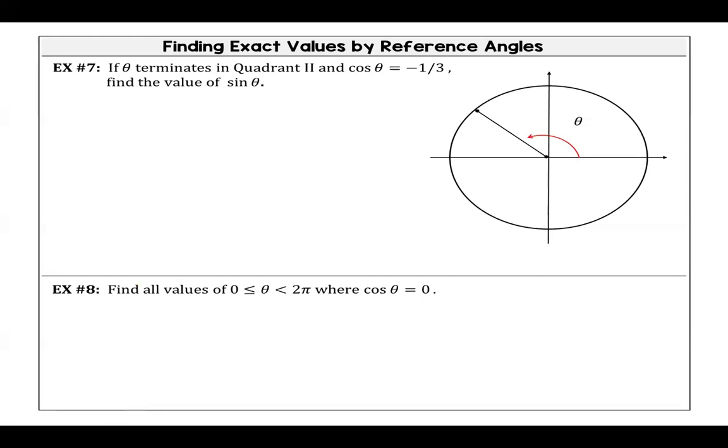We already know how to solve this. What we have to pay attention to is the fact that it's in quadrant 2. In quadrant 2, sine has to be positive. So keeping that in mind, cosine of theta equals negative 1/3, which means that we have our x over our r.